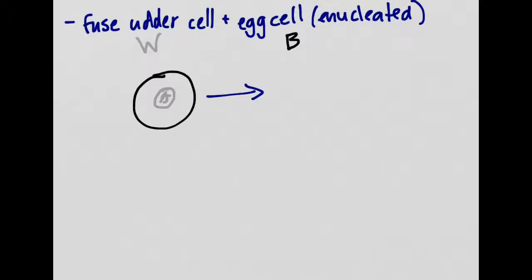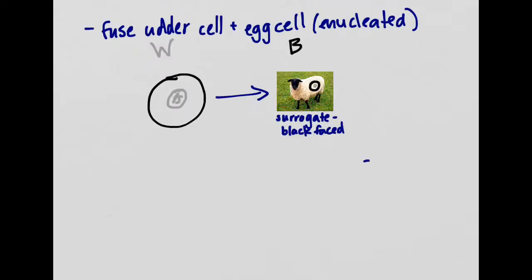And then we're going to insert that cell into some surrogate mothers. So not the best drawing, but here's our surrogate mother, and now we've inserted this fused cell into the surrogate mother, hence the little bullseye-like shape. That's supposed to be the inserted cell into the surrogate.